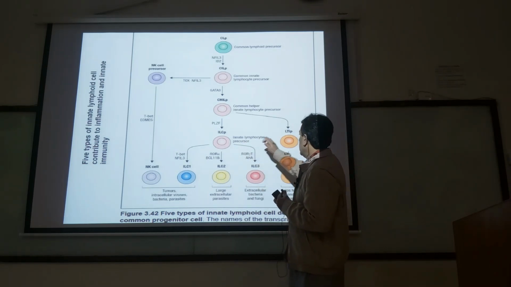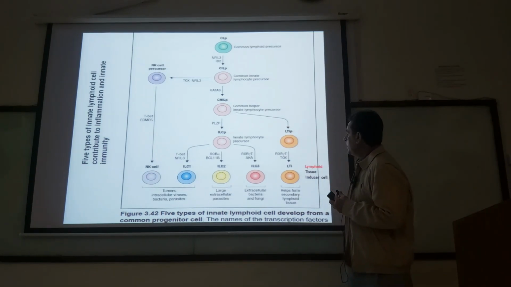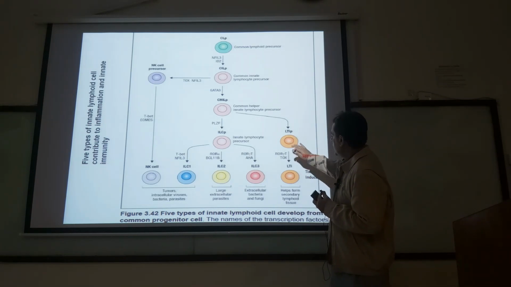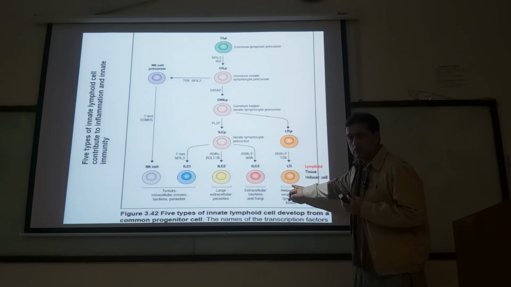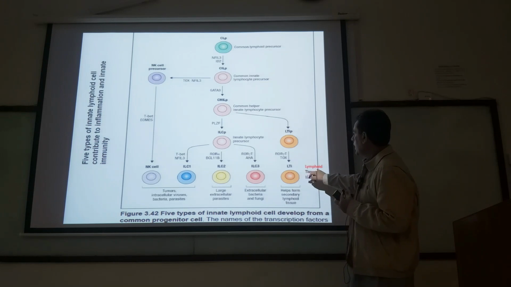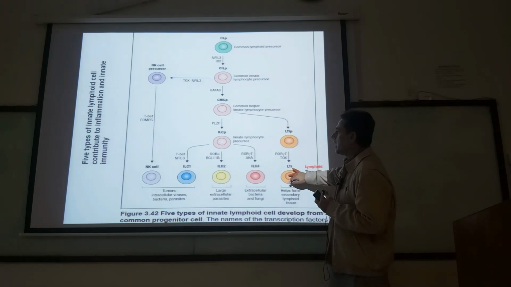Okay? And this one, the LTIP, lymphoid tissue inducer cell precursor, it is going to differentiate into LTI, or the lymphoid tissue inducer cell. This is a precursor and this is a cell.